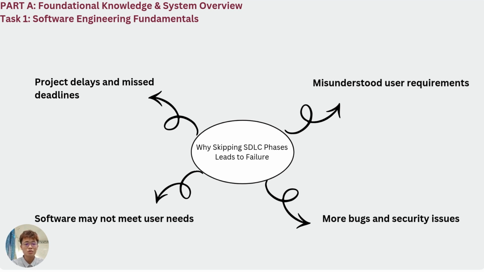Ignoring maintenance also makes it difficult to fix problems and improve the software after release. As a result, the project may exceed the budget, miss deadlines, and fail to meet the user requirements. By following every phase of the SDLC, developers can produce software that is reliable, high quality, and successfully solve the intended problem.